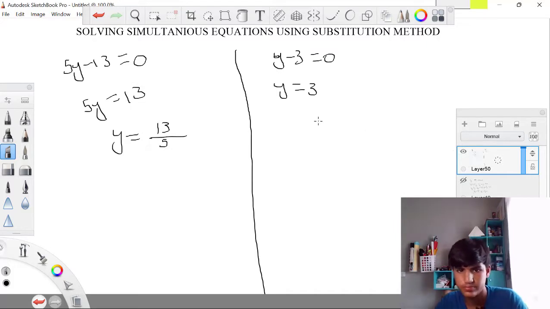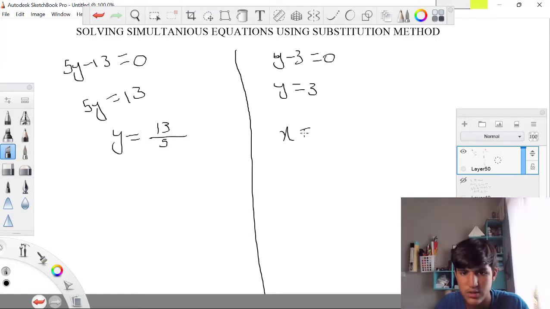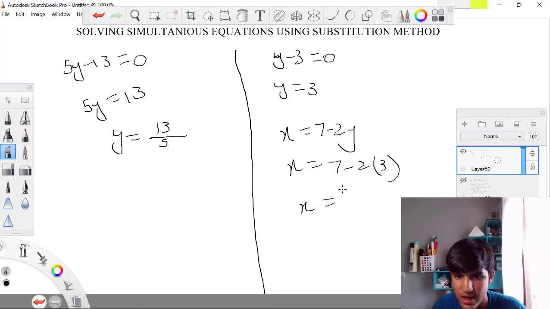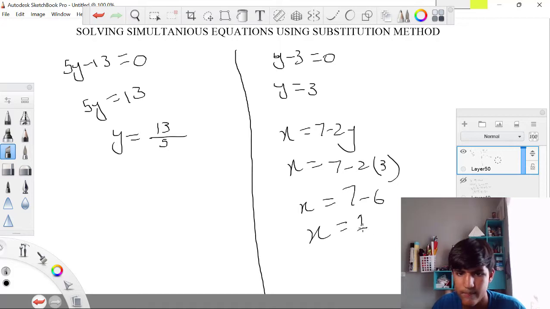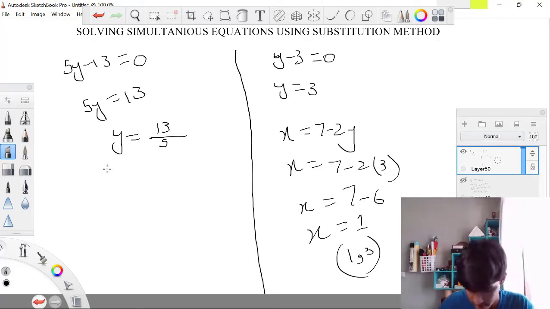The original equation we had was x is equal to 7 minus 2y. x is equal to 7 minus 2 into 3. x is equal to 7 minus 6. x is equal to 1. 1 comma 3 is one answer to this question, and the other we will be finding out.